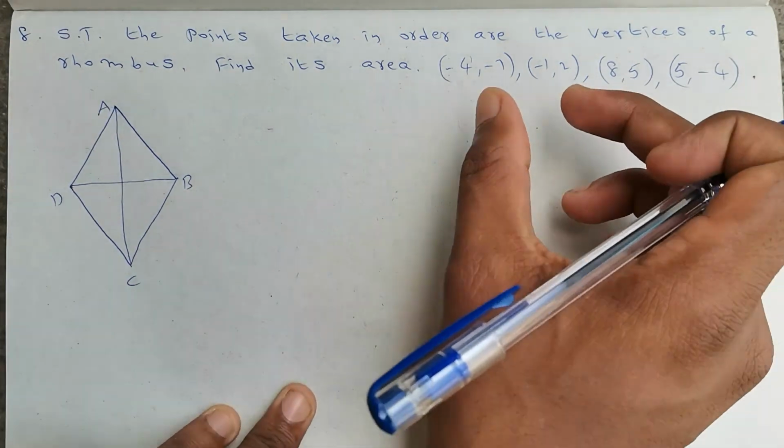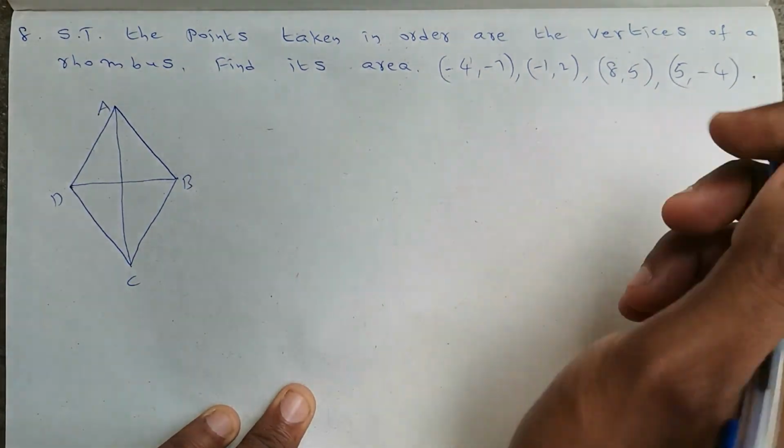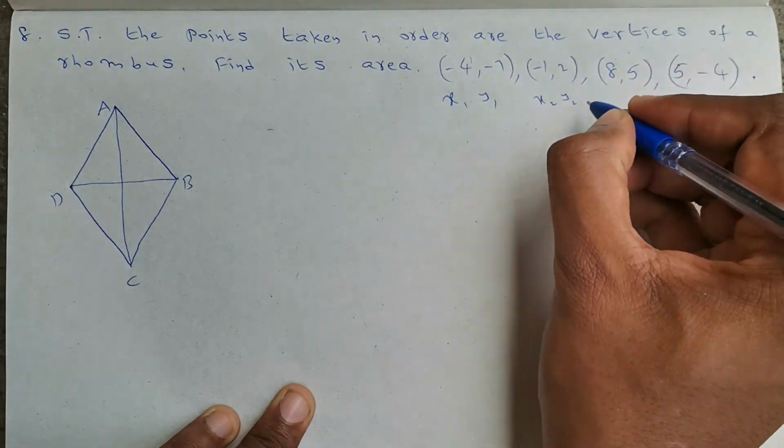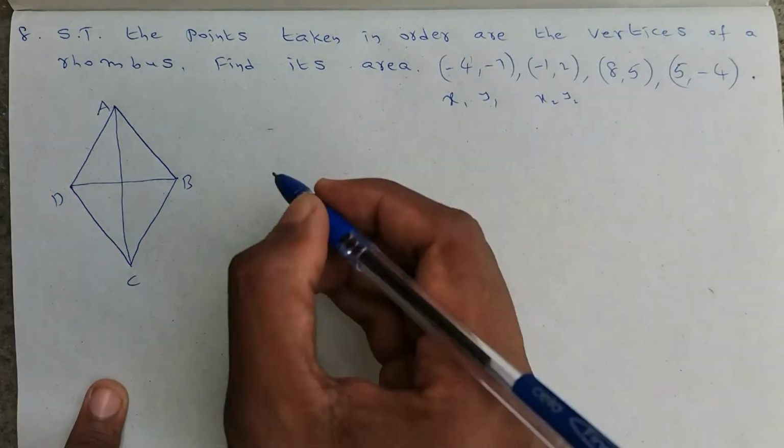So let us take this as A and this as B. So this will become x1 y1 and this is x2 y2. Now let us find this distance AB.